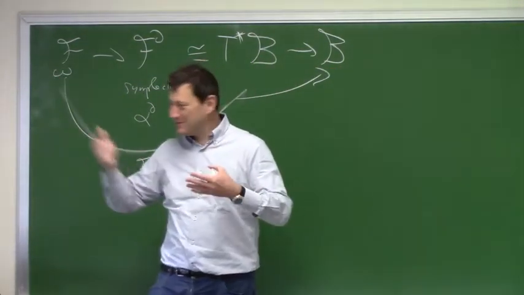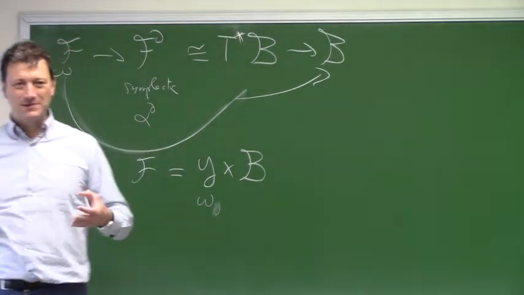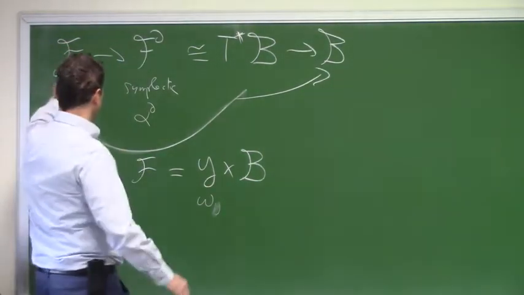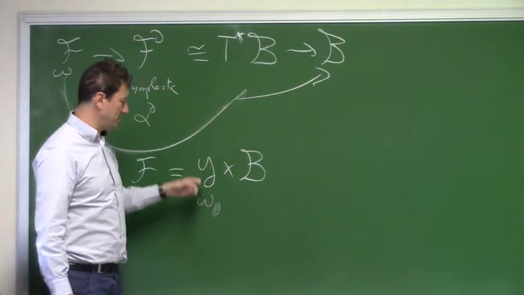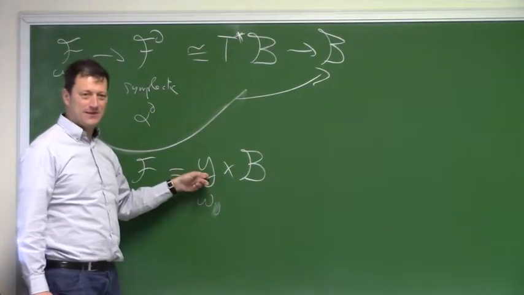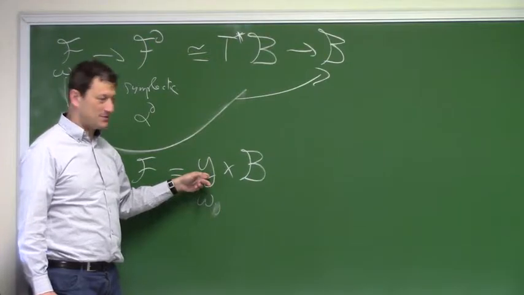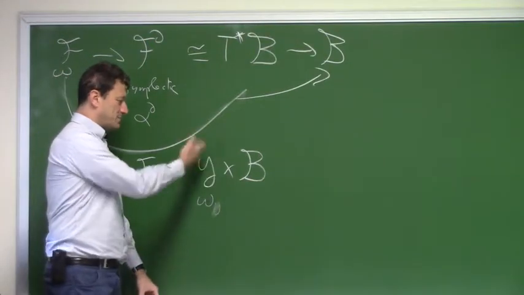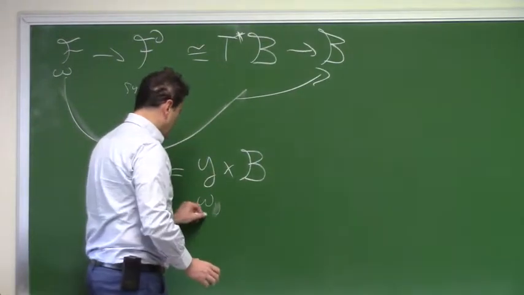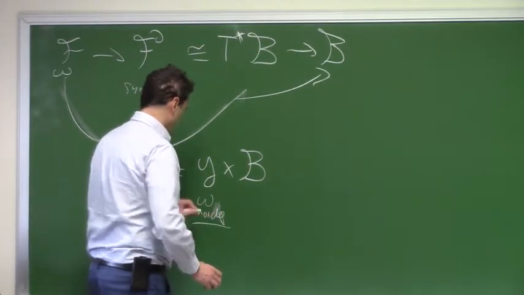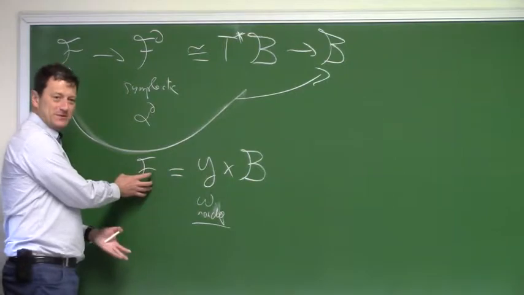What I explained yesterday doesn't require this assumption, so this omega may be degenerate. The only important assumption for quantization is that this omega on the fiber is non-degenerate, because essentially what we want to do is some PV integration over the space Y. So we want this omega to be non-degenerate, but of course its pullback to F may be degenerate.